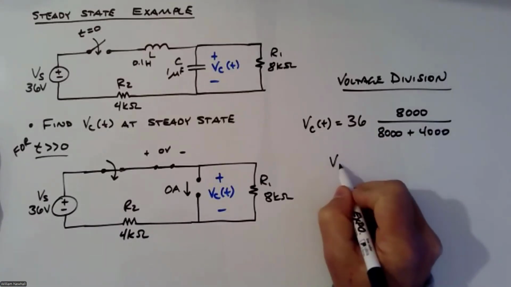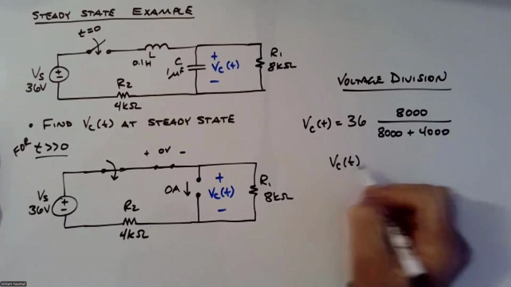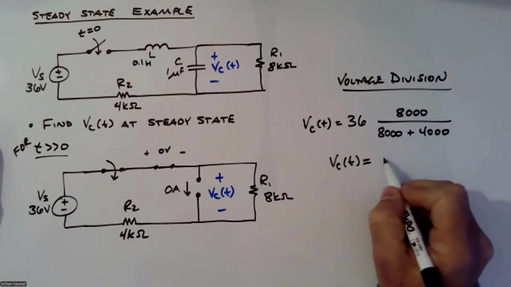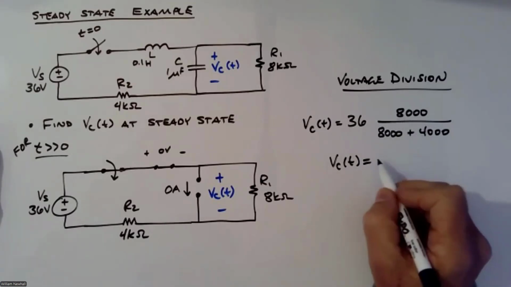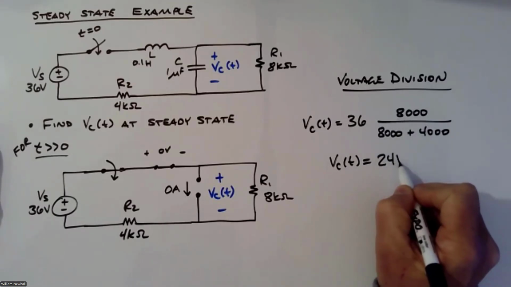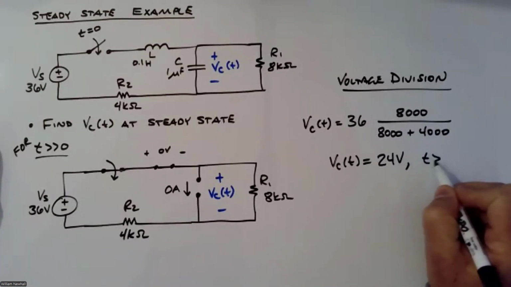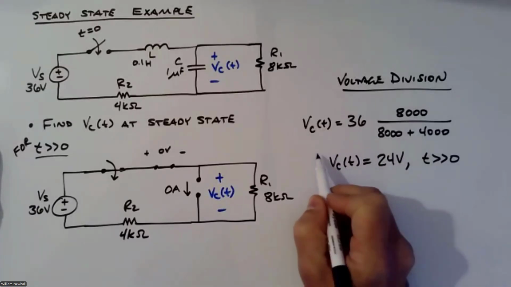So that's Vc of t equals, what is that? 24 volts, for t much greater than 0.